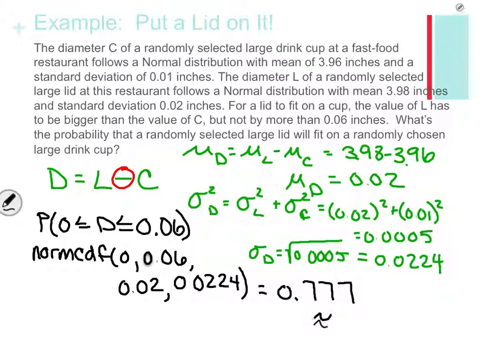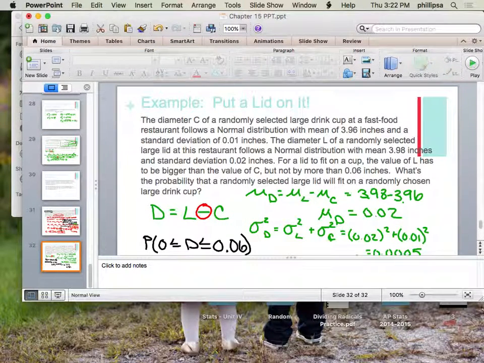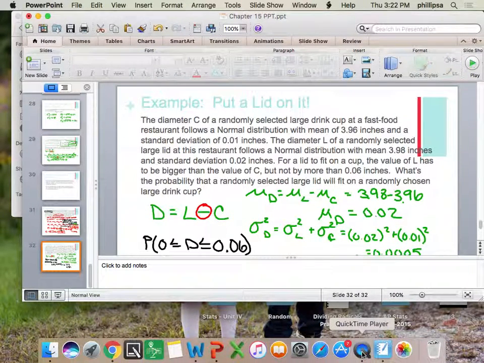So we'll say about a 78% chance that a randomly selected large lid will fit on a randomly chosen large drink cup at a fast food restaurant. And that is it for random variables, sort of.